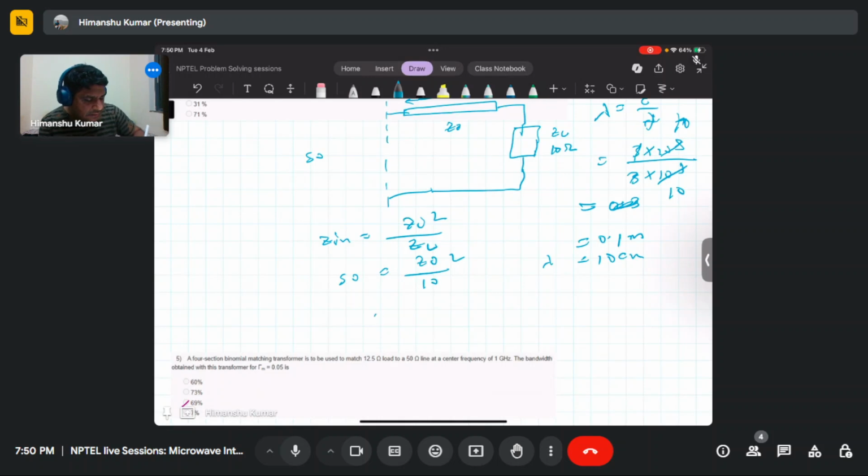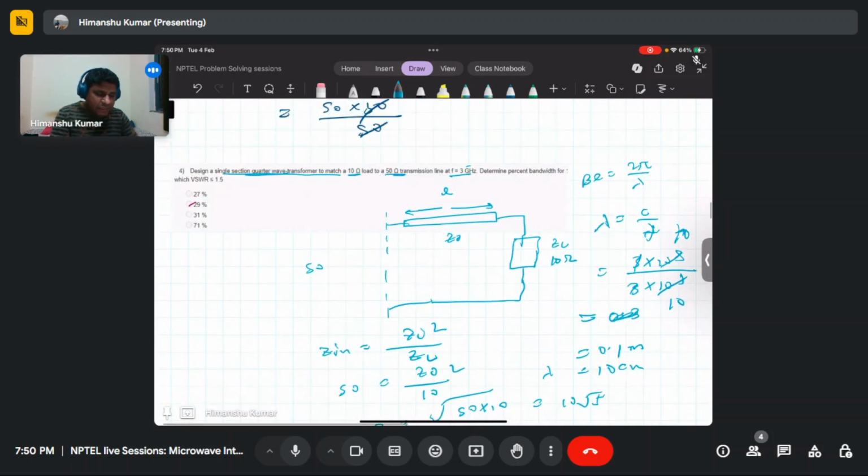With this Z naught you can calculate the square root of 50 multiplied by 10, and this will become 10 root 5, and that will be the impedance. This determines the percentage bandwidth.